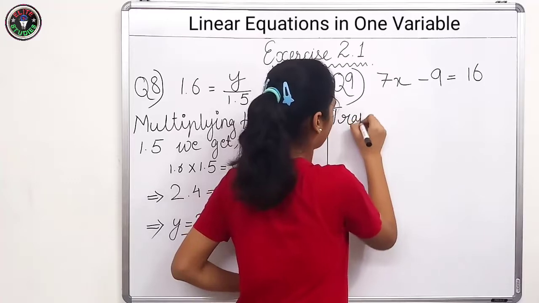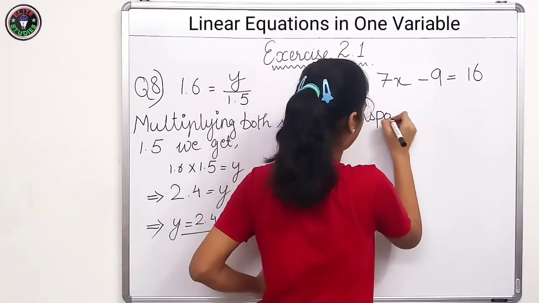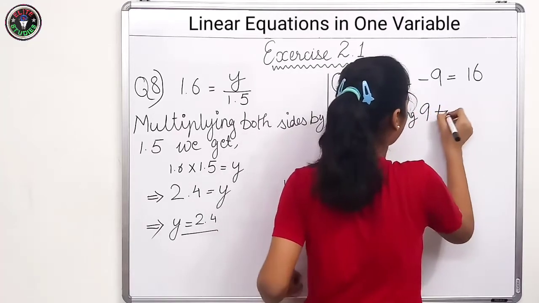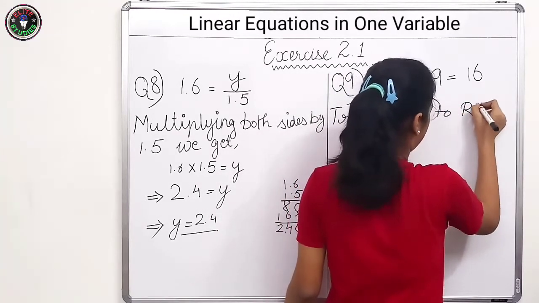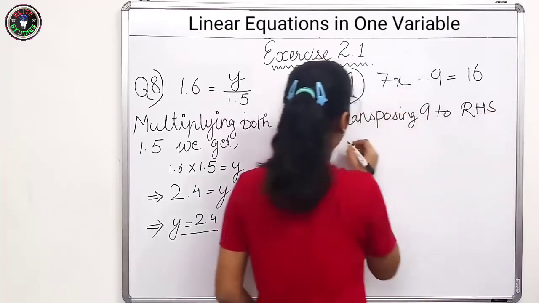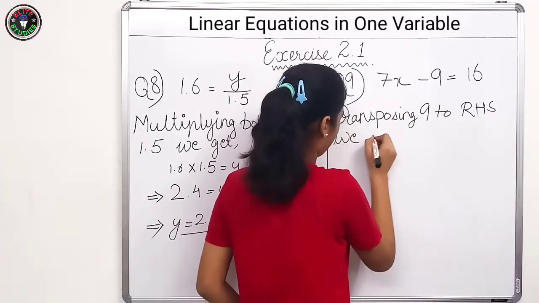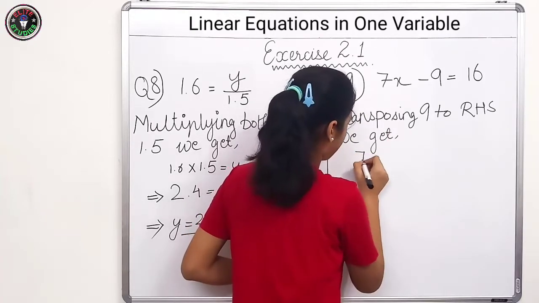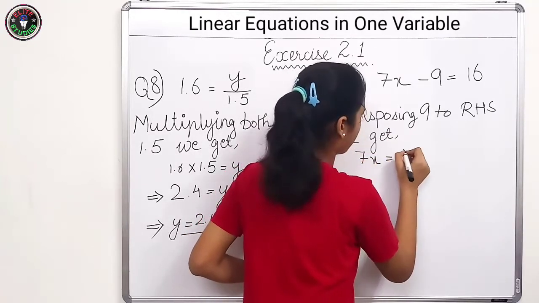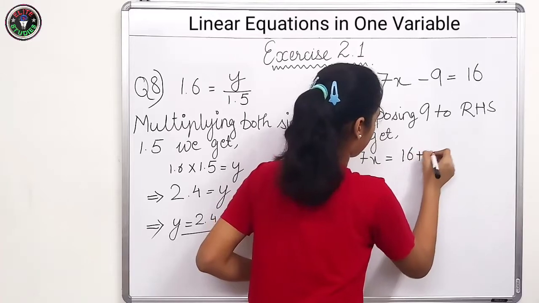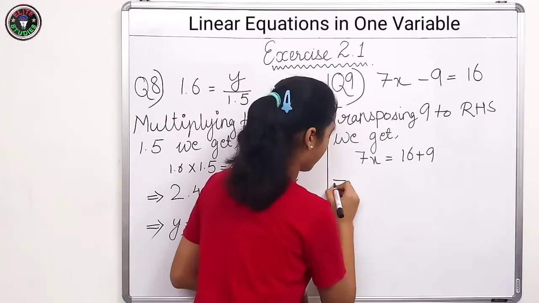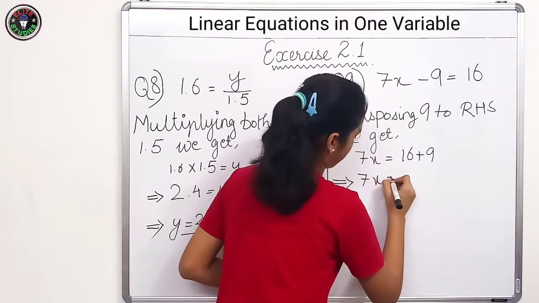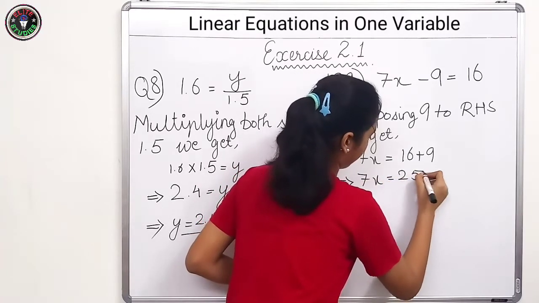Transposing 9 to RHS, we get 7x is equal to 16 plus 9, or 7x is equal to 25.